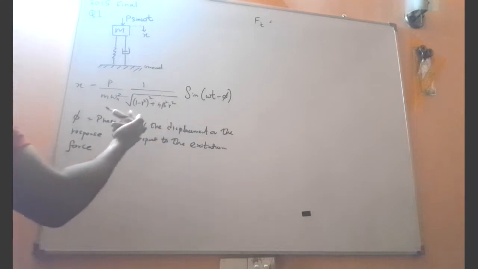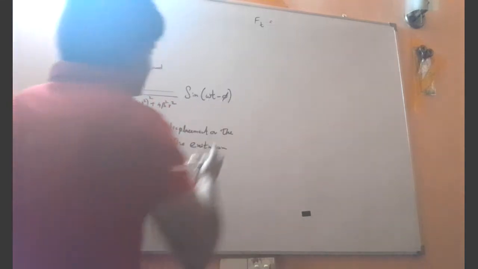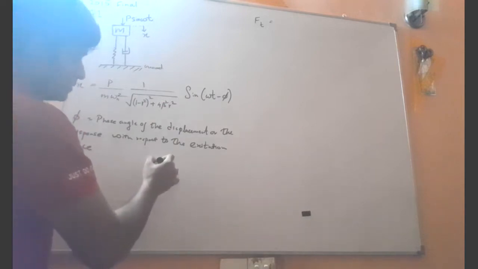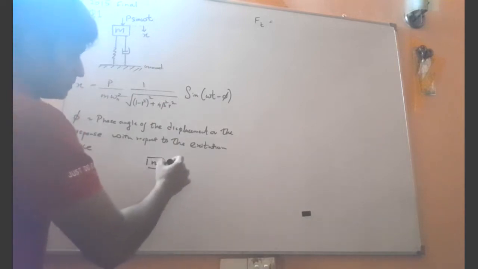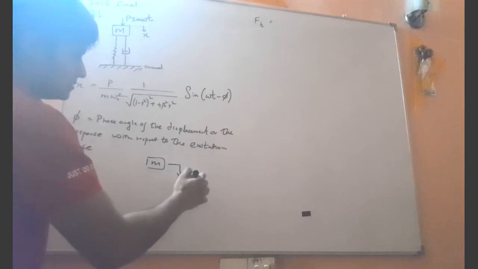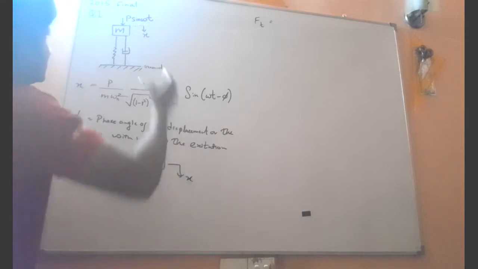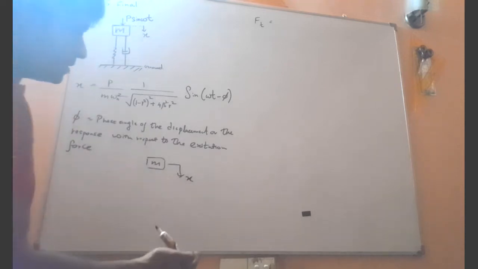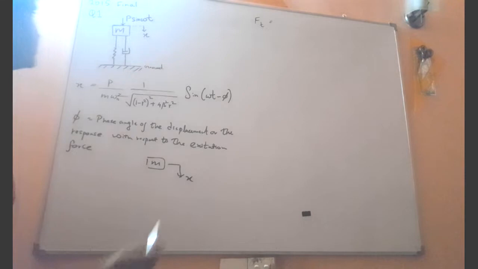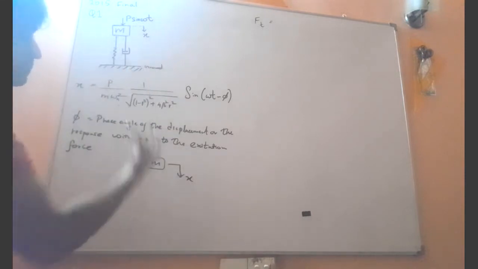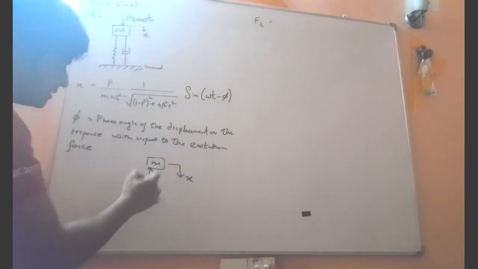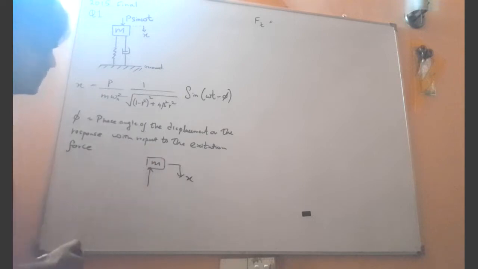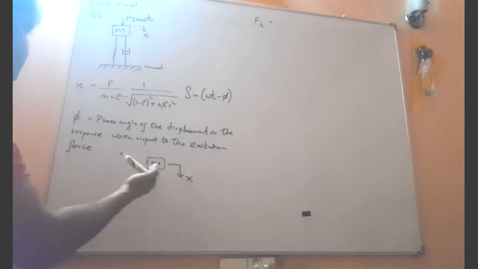If I sketch the free body diagram, here we have the mass m. The displacement, or the response x, is downwards. That means this mass is pressing the spring and the damper downwards. Due to that, the reaction exerted on the mass from the spring is along the upward direction.